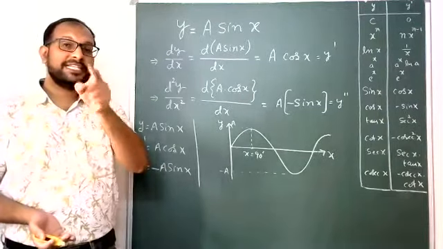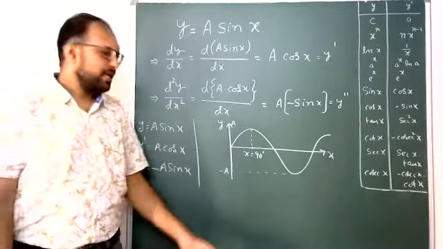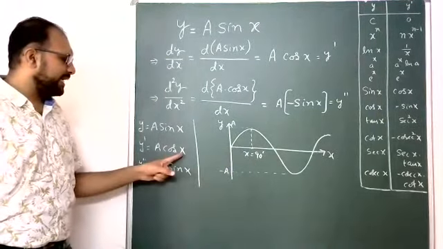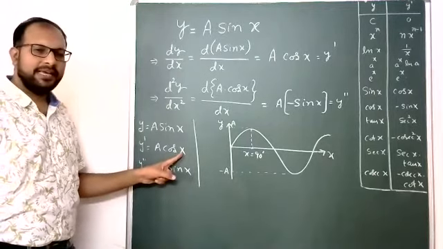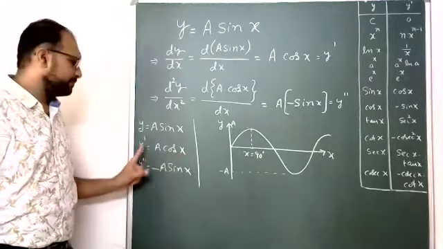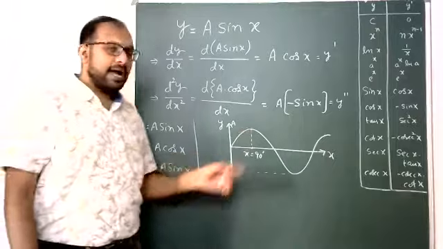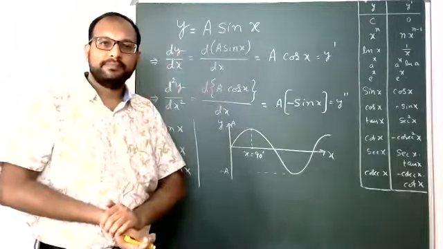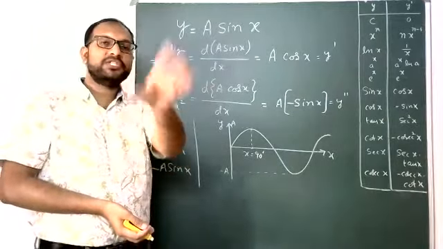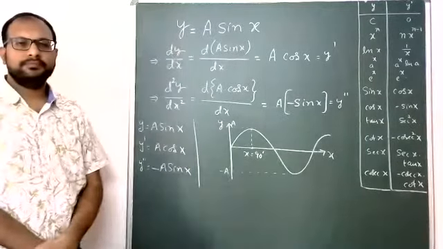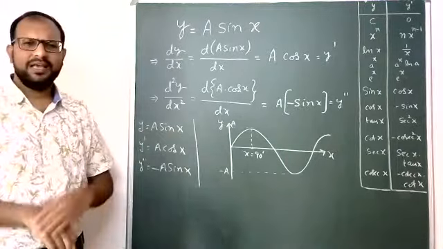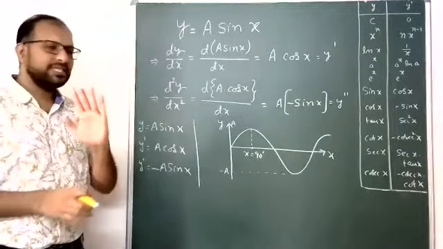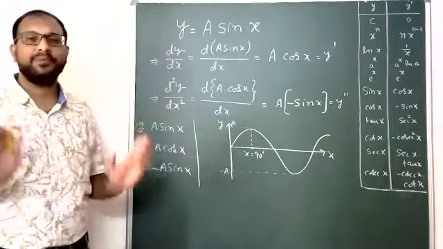The slope of a function is the first derivative. So x equal to 90, substitute in cos 90, which is 0. Means at the maximum value of a function, the first derivative is 0. Not only for sin x; any function you take, I am just explaining with the help of an example.